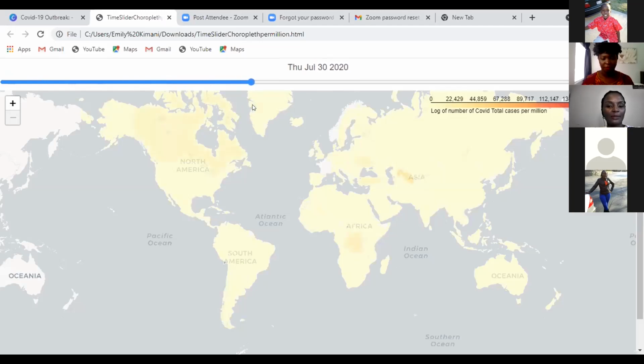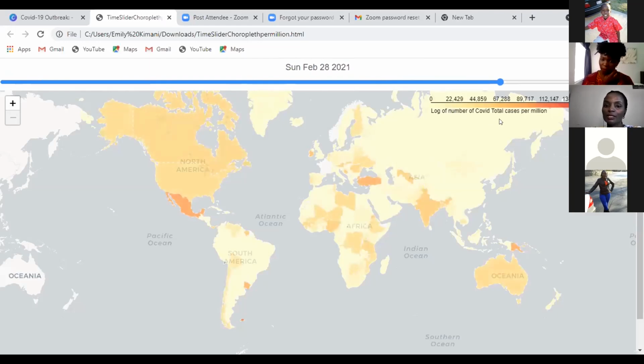And now you can see some countries are appearing. You can see that Canada is showing up, countries are showing up. As we continue to get the data, the numbers are changing and the color of the map is changing. At the end of this, we see that in 2020 now, everything is showing up. A lot of countries are showing up because now we have a lot more data and a lot more COVID cases being reported.